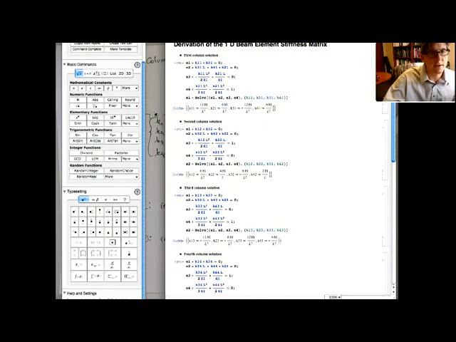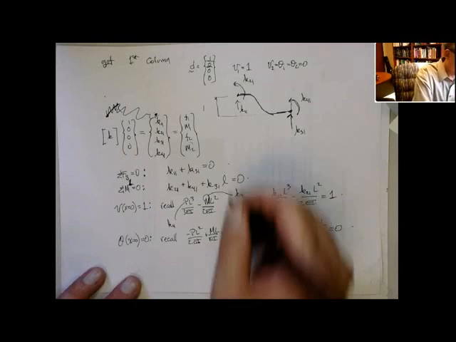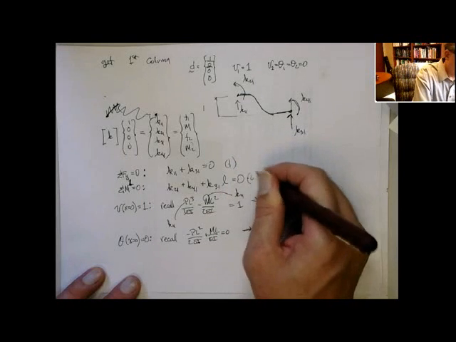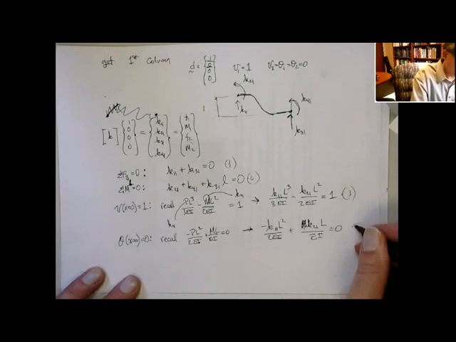So here's Mathematica, right? And you can see here I've typed in those first 4 equations, and then I solve them, and it immediately gives me the stiffness elements, right? Okay. So that is the solution. So basically you solve 1, 2, 3, and 4.